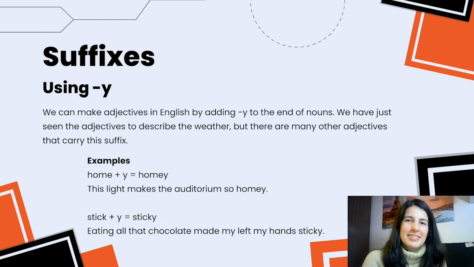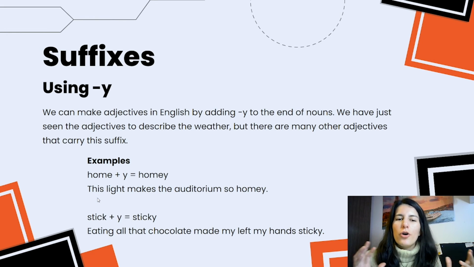Even words that you might not think are possible to become adjectives, we can do that by adding y at the end. For example, home over here, if I add y to the end of the noun home and I say homey, it means that the place is comfortable. It feels like a home.